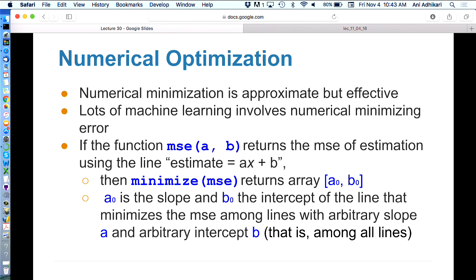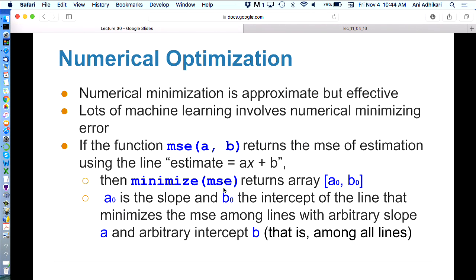And what is it going to minimize? It is going to minimize the mean squared error based on a line with slope A and intercept B. This MSE is the name of a function. So the call is simply minimize the function. Easy little call.